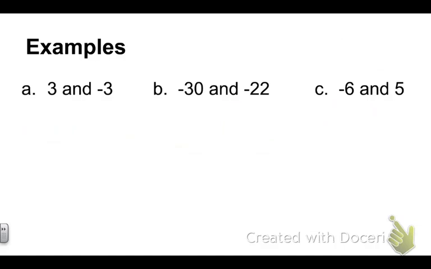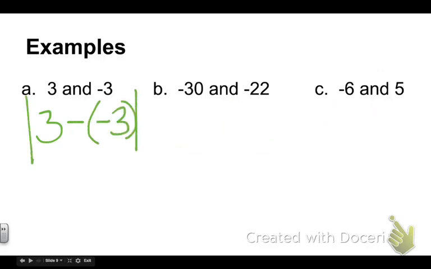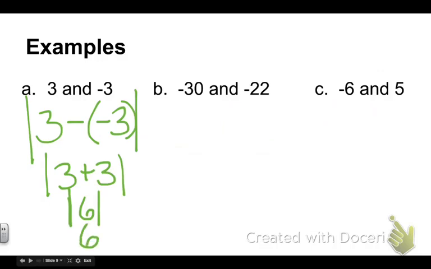So I am subtracting 3 minus negative 3, and I'm doing the absolute value of this. 3 minus negative 3, the opposite of a negative is a positive, and 3 plus 3 is the absolute value of 6, which is just plain old 6.